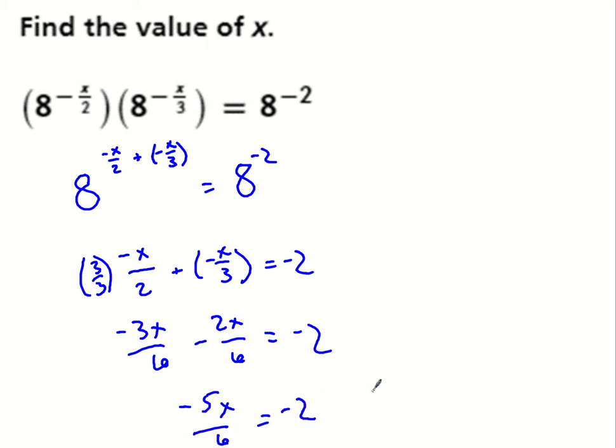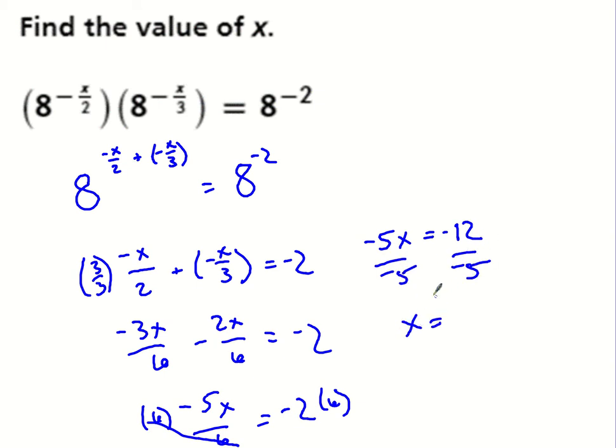I can multiply both sides by 6 to make those go away. I get negative 5x equals negative 12, divided by negative 5, and I would get 12/5. It's positive because negative divided by negative is positive, or I can also just say 2.4. Okay, and I'm done.